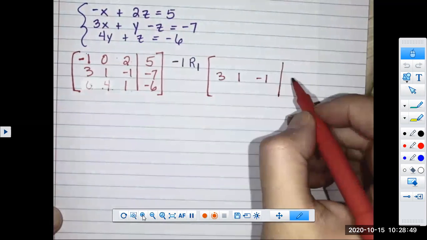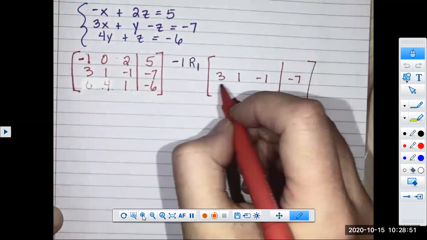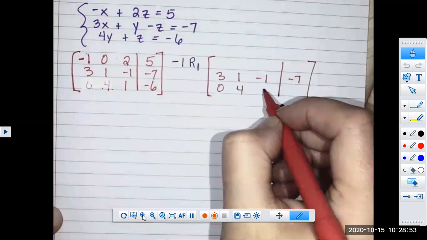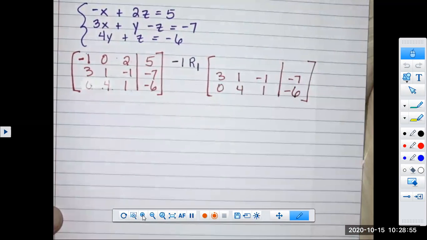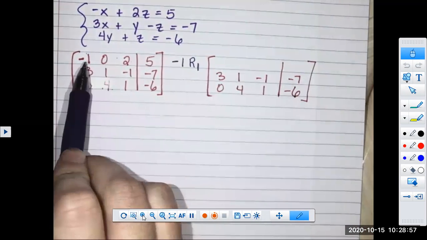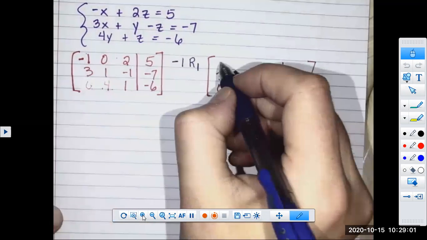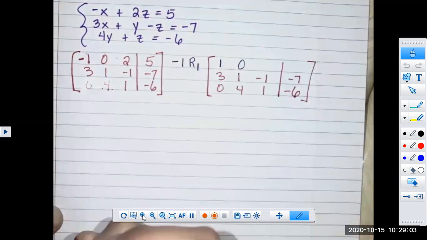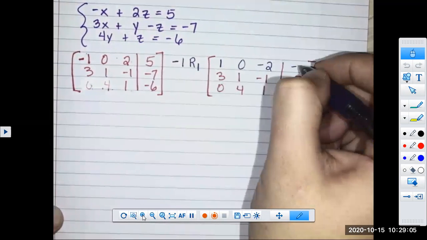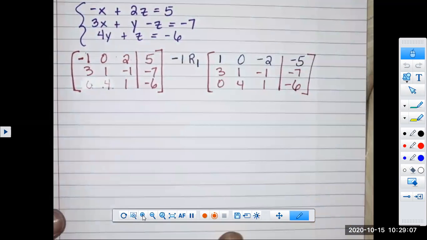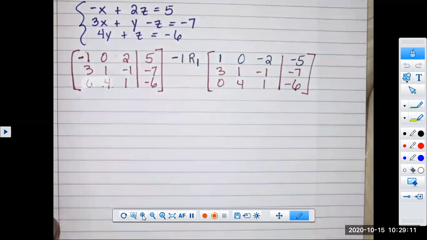The second and the third row, right? We're not doing anything to those yet. The only thing I'm doing, I'm taking row 1 and multiplying it by negative 1. So these numbers become 1, 0, negative 2, and negative 5. Are y'all okay with that so far? Okay.